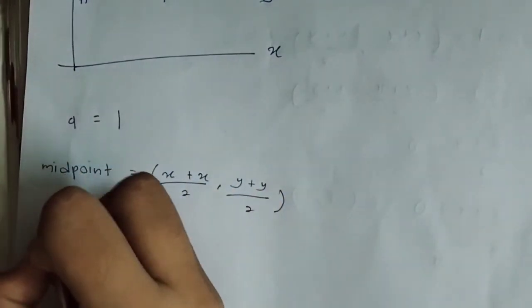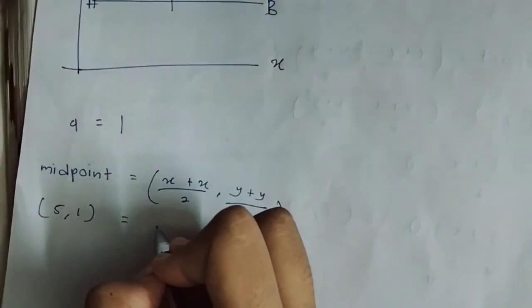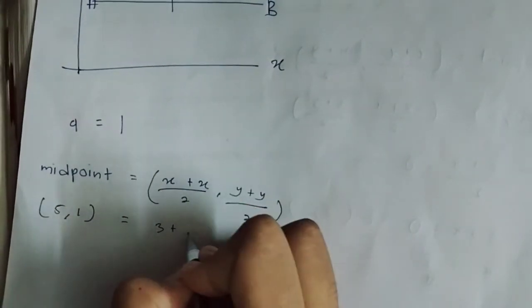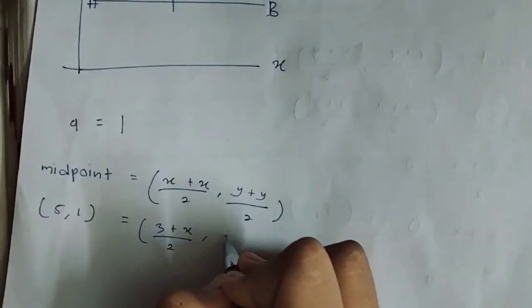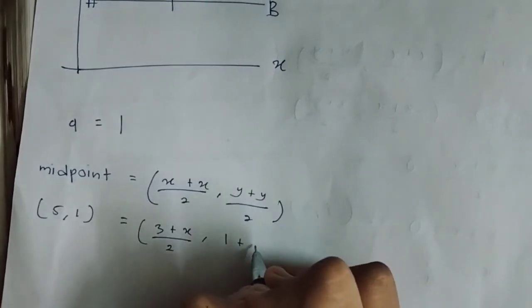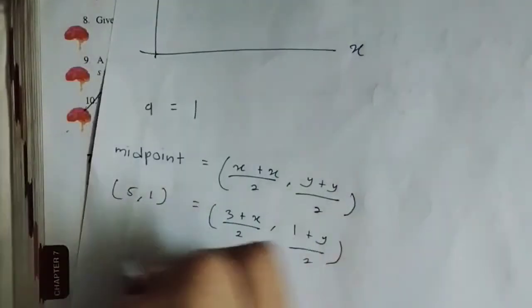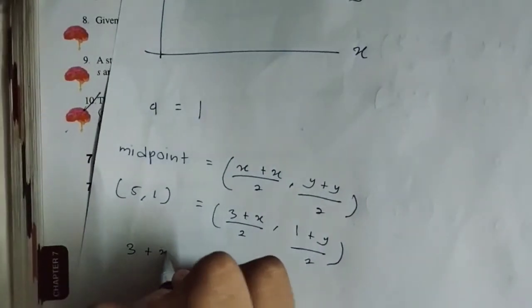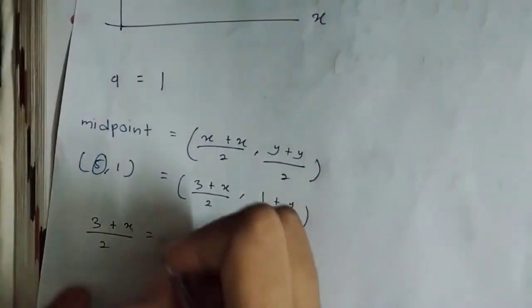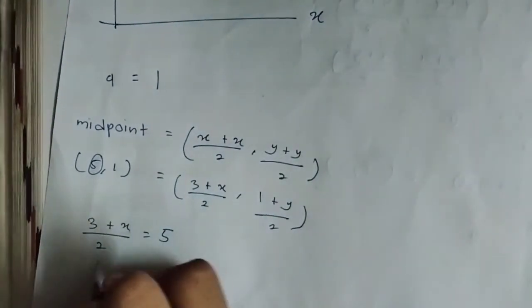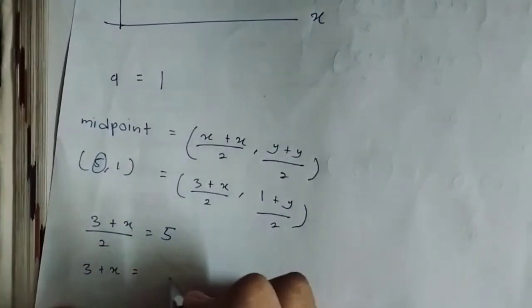The midpoint is 5, 1. 3 plus x over 2 equal to 5. 2 times 5 is 10.